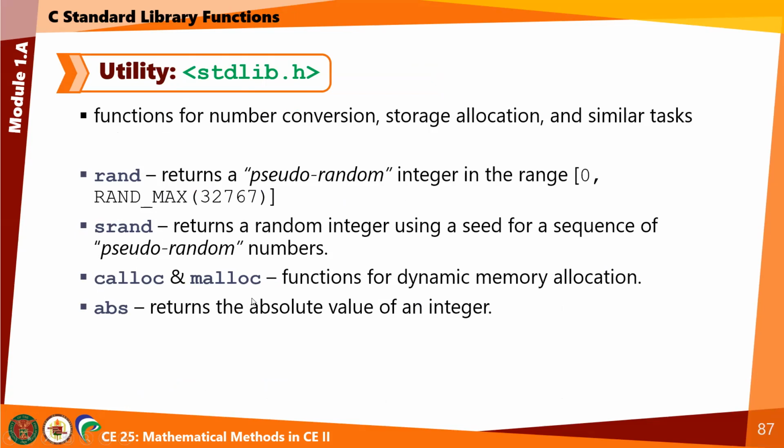So this calloc and malloc, you will encounter this again when we discuss pointers. So wag muna kayong ma-excite masyado. Okay? And then absolute values, of course, returns the absolute value of an integer. So that's what stdlib.h does.